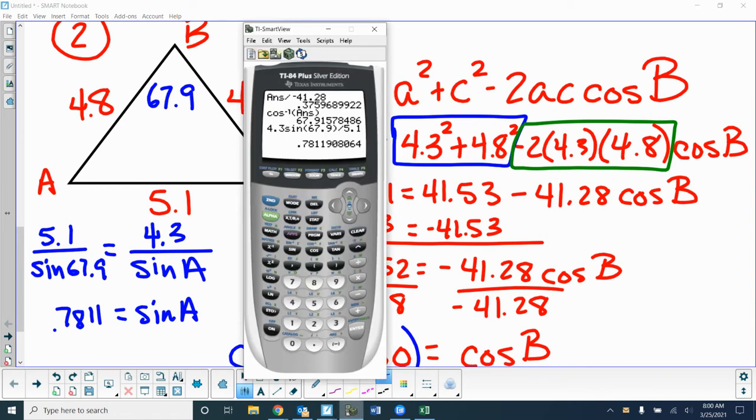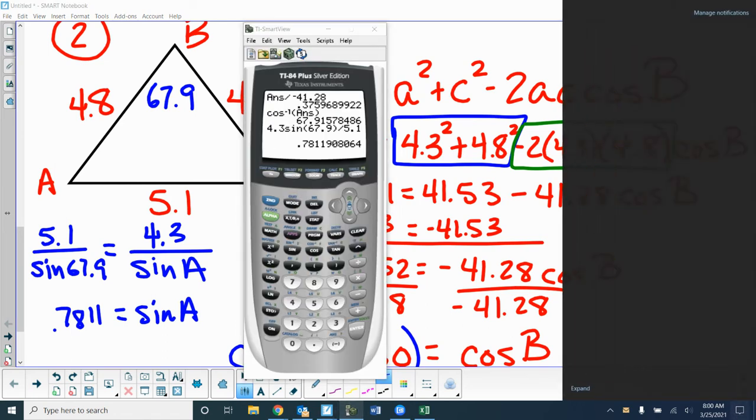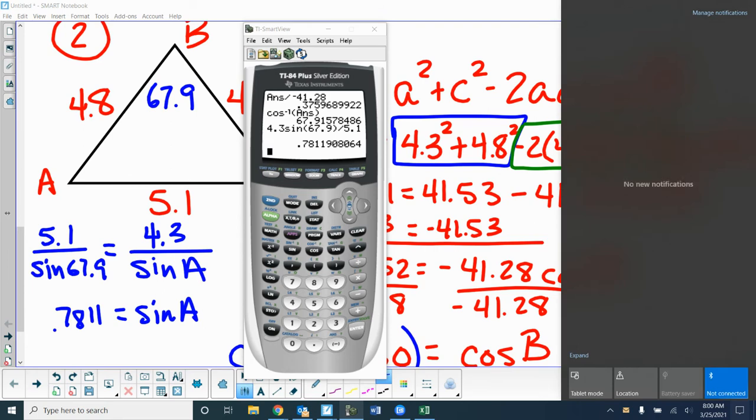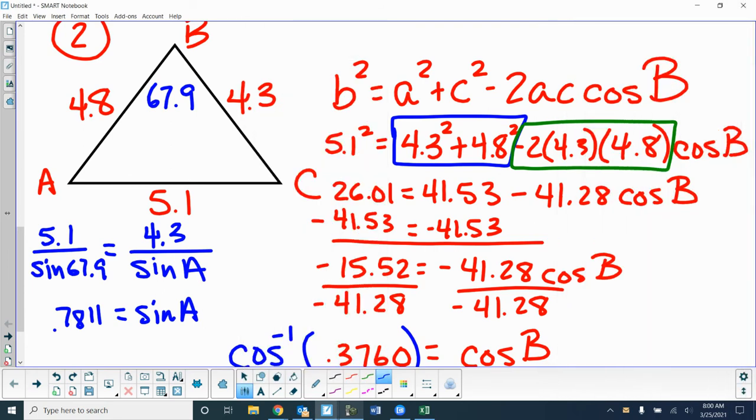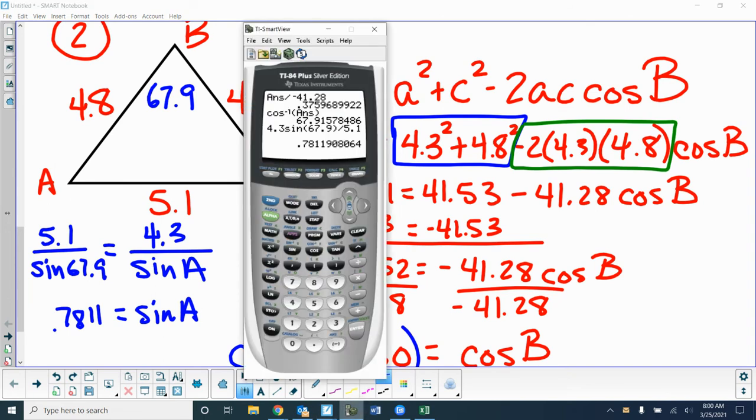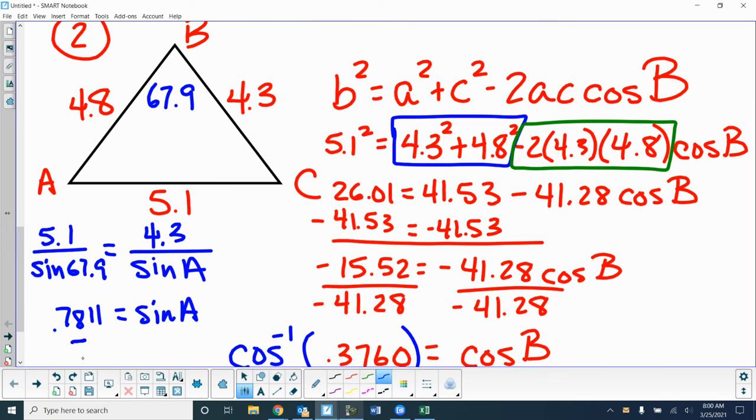So now I'm going to go second sine, second answer, because I'm using law of sines now. Sometimes we're forgetting which one to use. Second sine, second answer. We get 51.4 when I round it.